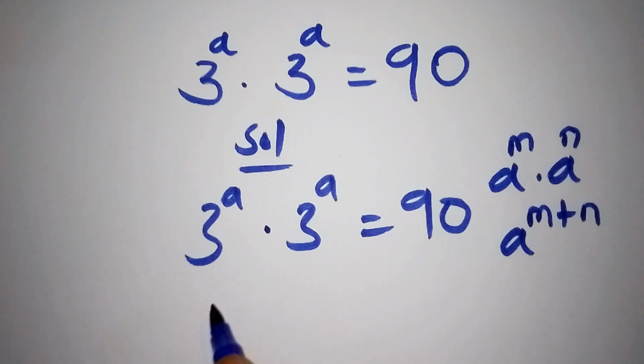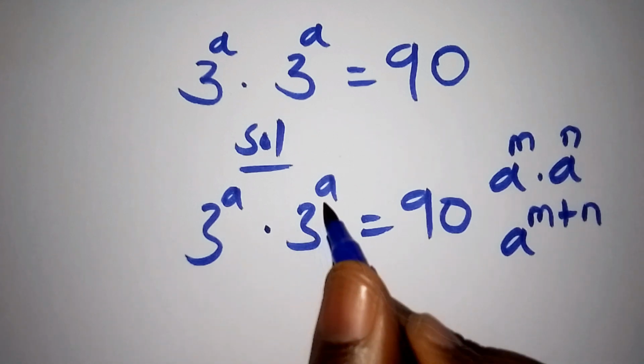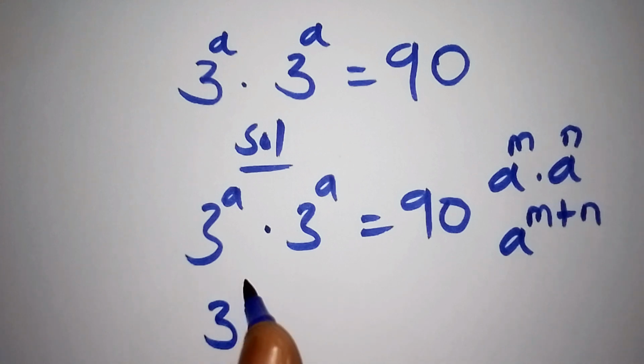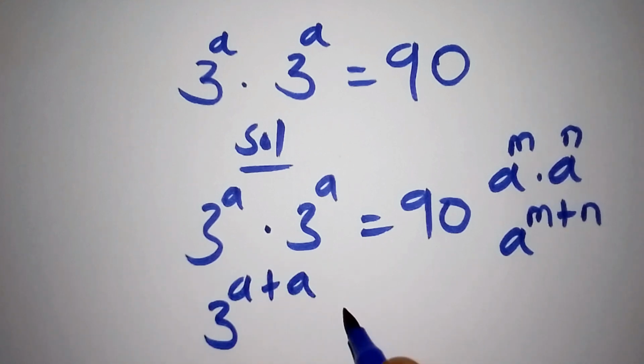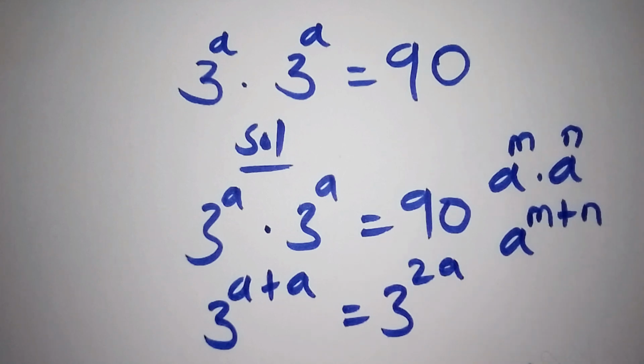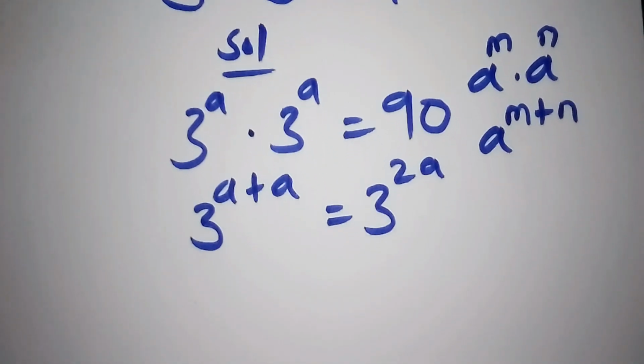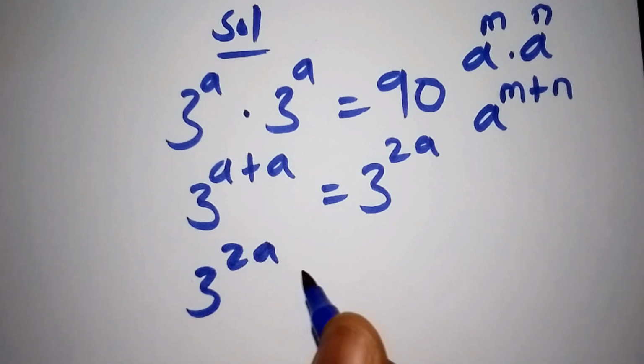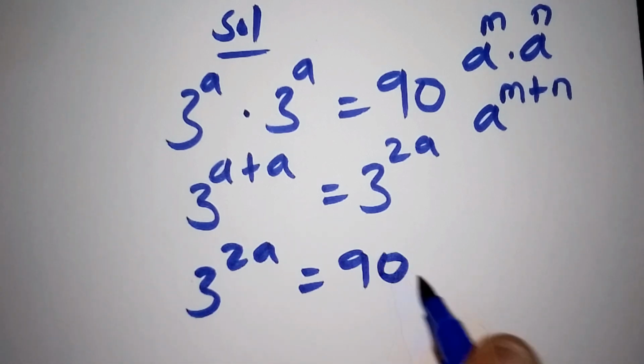Similarly, 3 to the power of a multiplied by 3 to the power of a can also be given as 3 to the power of a plus a. That is, the result is 3 to the power of 2a. So 3 to the power of 2a is equivalent to 90. Let's now find the value of a.